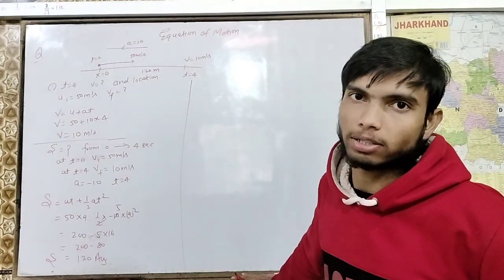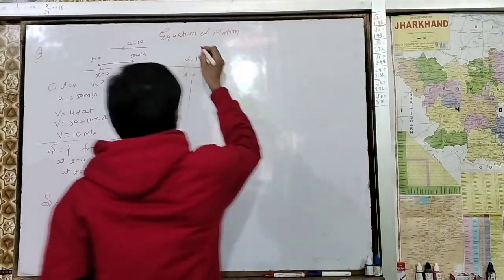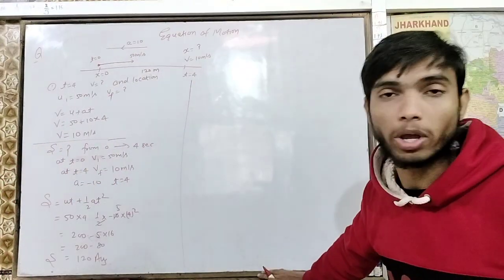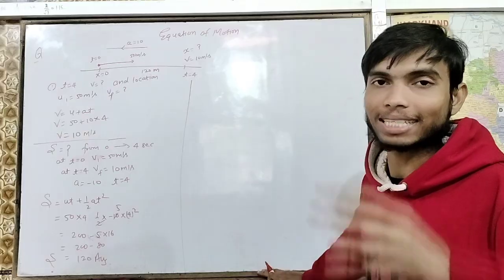Now third, location. What is the x here? X means location. Where is he present on the x-axis?